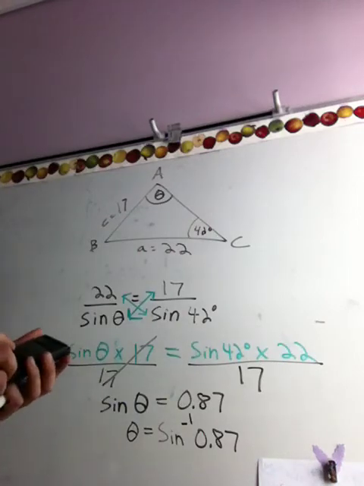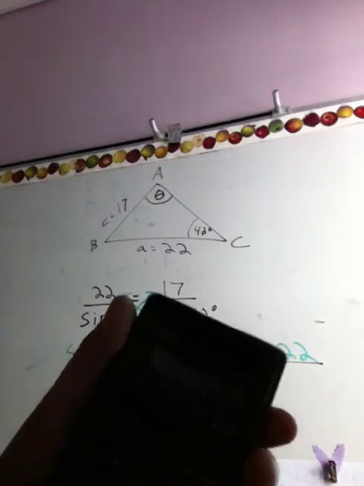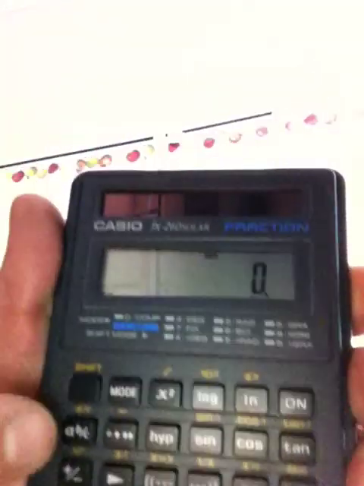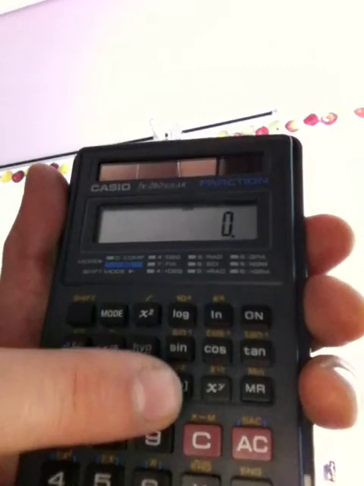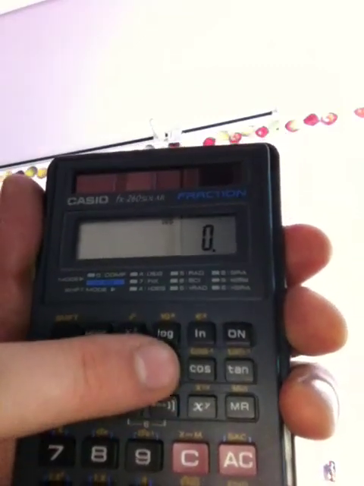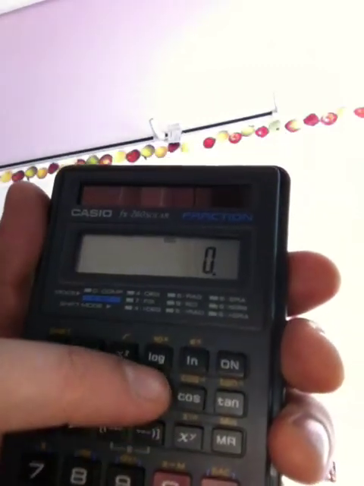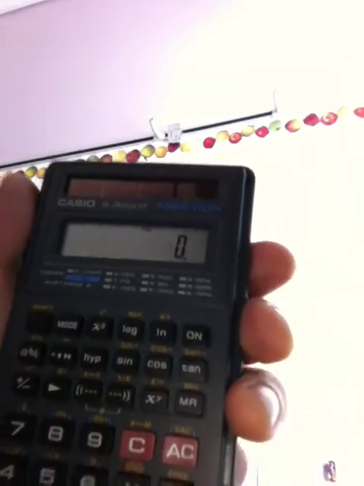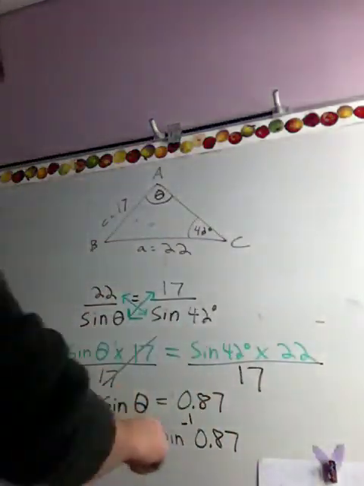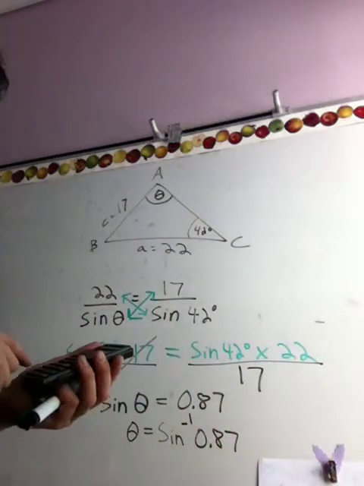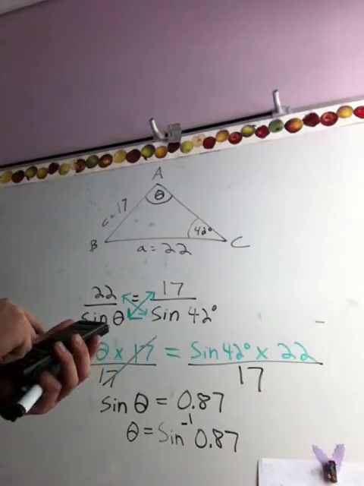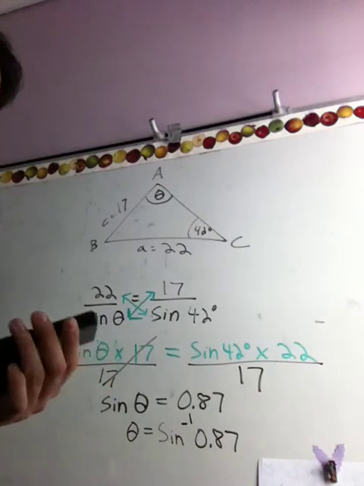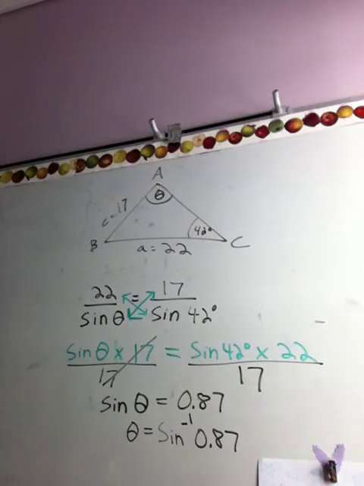So, shift sine, well, all you do is you press the shift button, and then you press the sine button, and you get the yellow function above the sine button, which is sine exponent -1. So you put in the number first, 0.87, then shift, then sine. And you got your answer, 60.46.